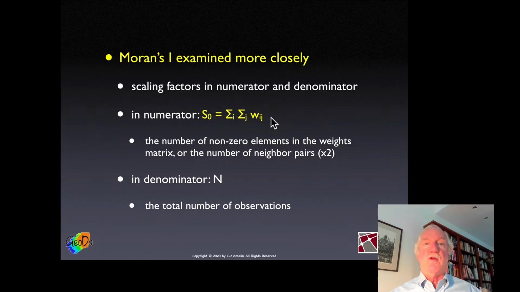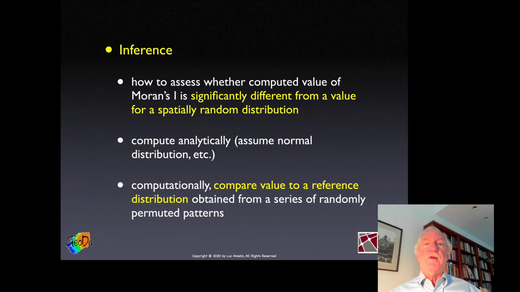As I mentioned just a minute ago, if we use row standardized weights, then each of these row sums is 1, so we have n of these row sums, so then both numerator and denominator are scaled by n, and they cancel out. Okay, so we have our statistic. Remember, that was the whole point.